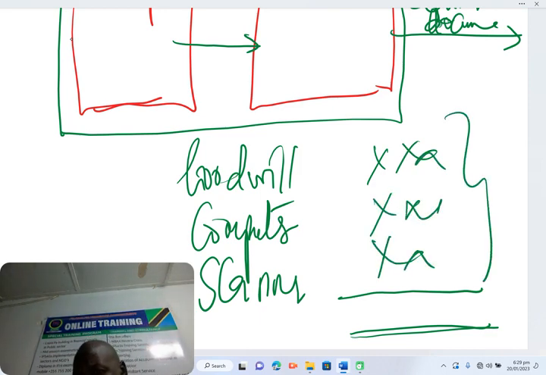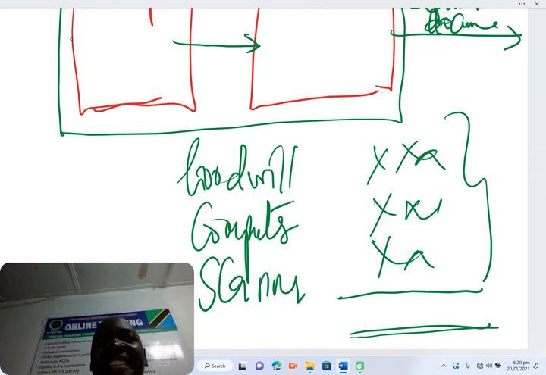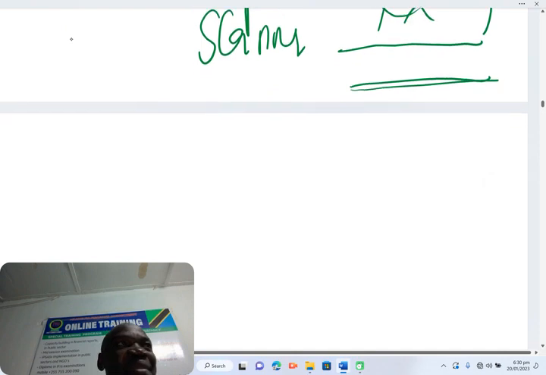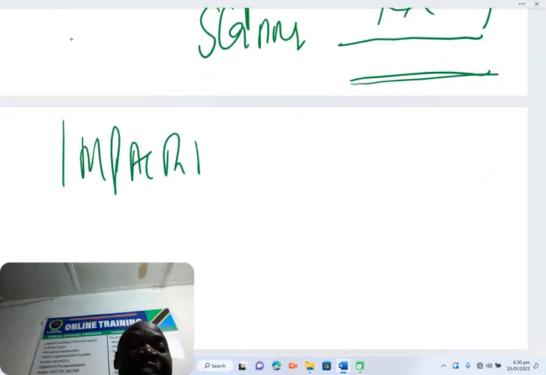Now, for example, if the unit is not working, can you easily identify what is not working between a computer and a scanner? So, impairment of CGU. Now, it has some technical things.